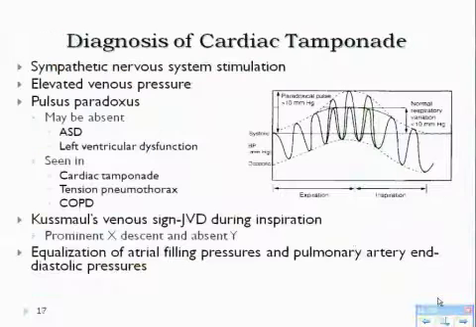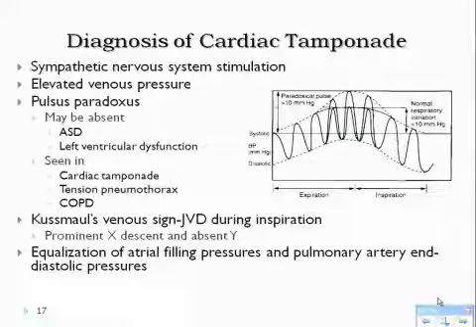So cardiac tamponade, you get sympathetic stimulation, you get an elevated venous pressure, which is very evident on your external jugular vein. You also get what's called pulsus paradoxus, okay, which is sometimes absent in patients that have ASD or left ventricular dysfunction, but it's seen in cardiac tamponade, tension pneumothorax, or COPD.